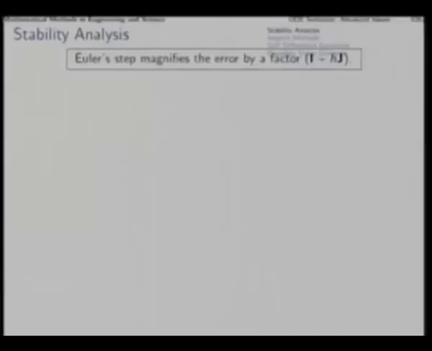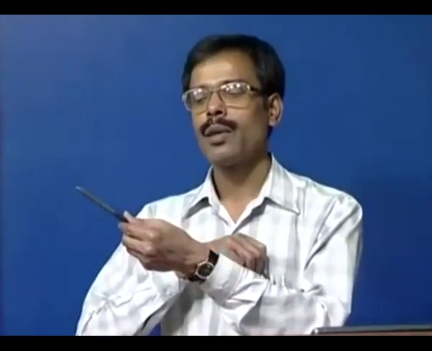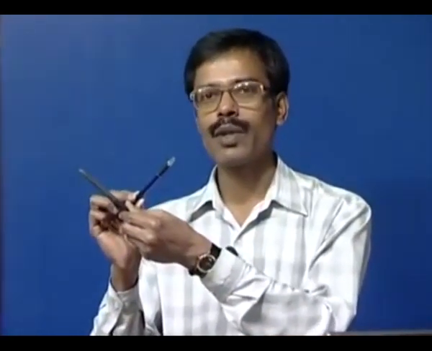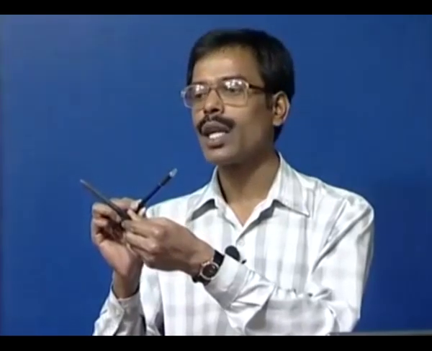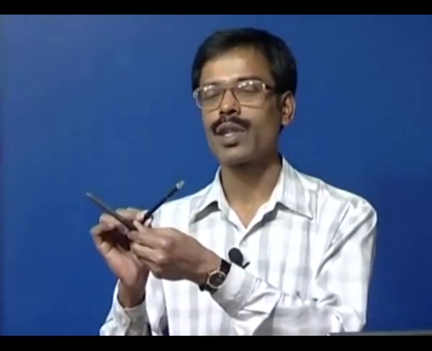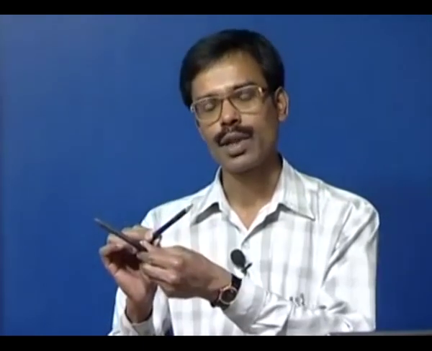Now, the question is this magnification of what size? Now, we are talking about magnification of vectors. So, if the initial vector is in this direction delta n and the resulting vector is in this direction, then we will be talking about magnification in terms of sizes. Now, is this magnification size greater than 1 or less than 1?